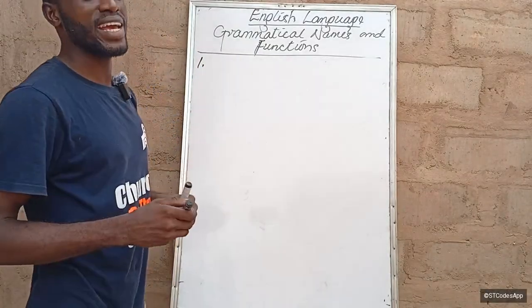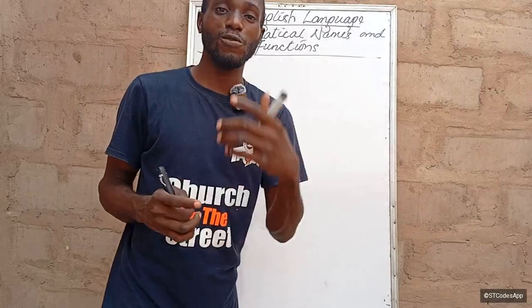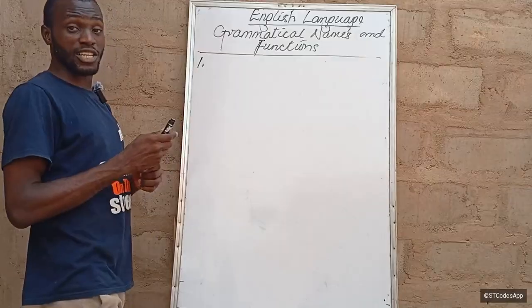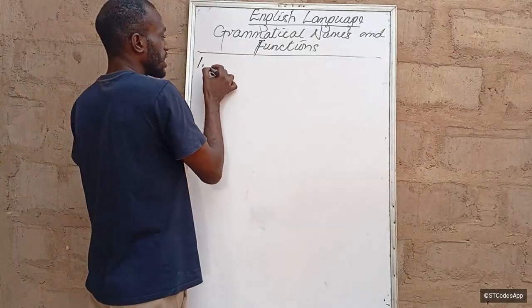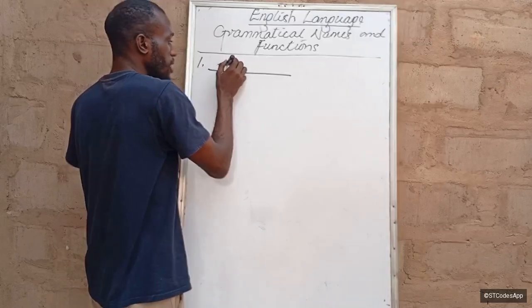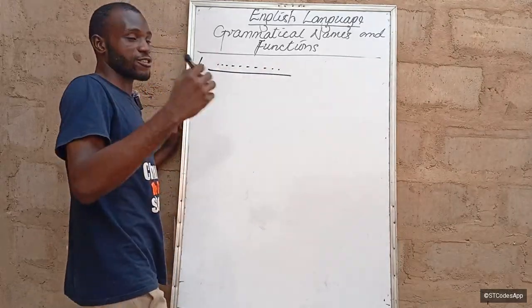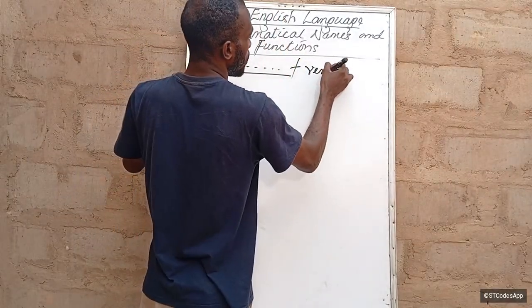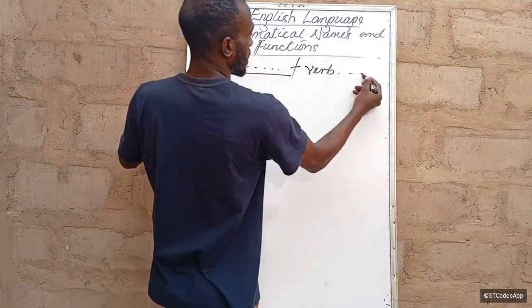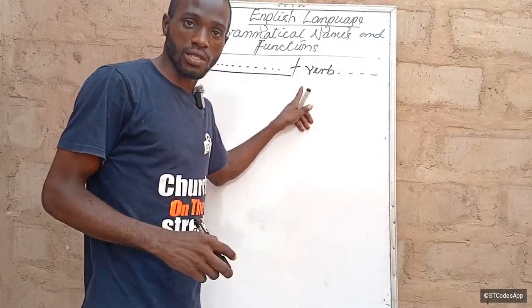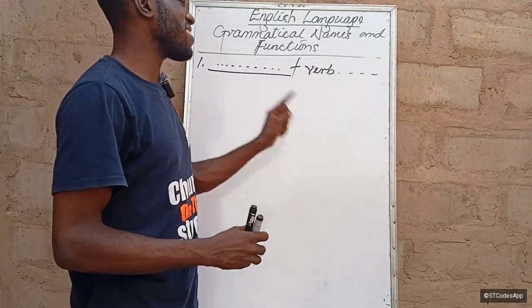So the first one is this. How do we identify that a grammatical name is a noun, phrase, or clause? When you see an English structure in which an expression is underlined, and immediately after that expression there is a verb, then there are other things afterwards. I go again. There is an underlined structure, immediately after which we have a verb.